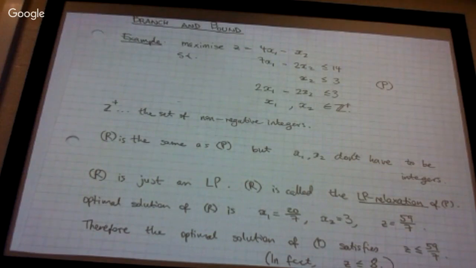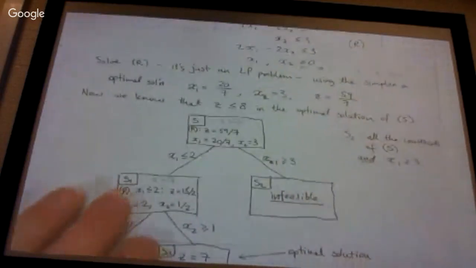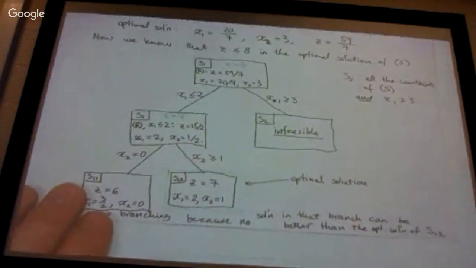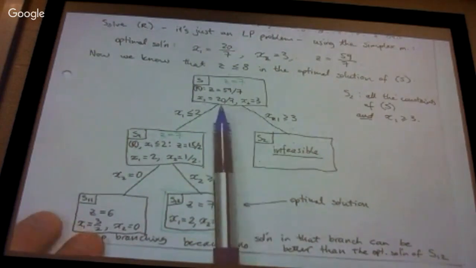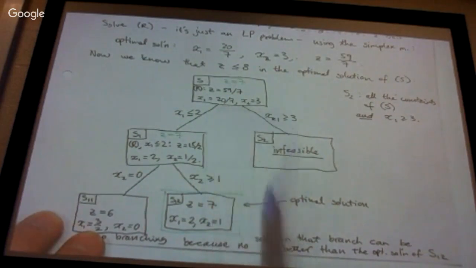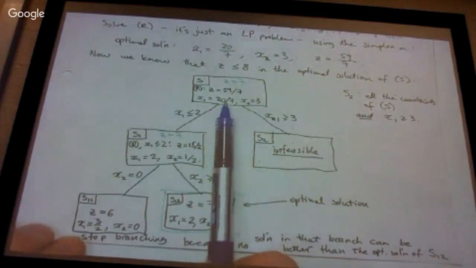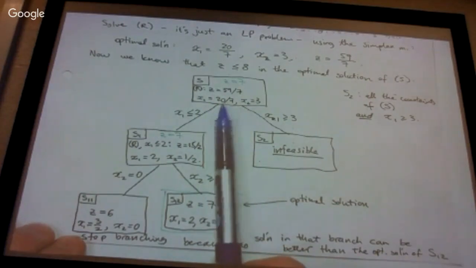And the idea of the branch, as we saw, was when you solve the problem like this, you get the optimal solution of the relaxation. If these things are all integers, then you're happy because you found your optimal solution. But if they're not, then you pick one that has a fractional value, and this is something between 2 and 3.